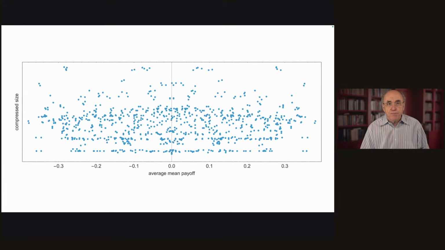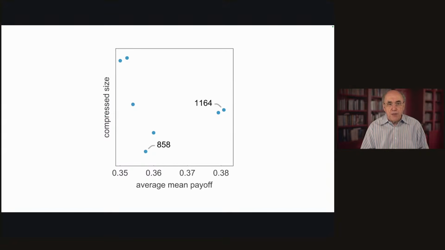And if one looks at machines with the highest average mean payoff, there's still quite a diversity of levels of complexity in behavior. These are the ones with the highest average mean payoff. They're certainly not all the same kind of compressed size.